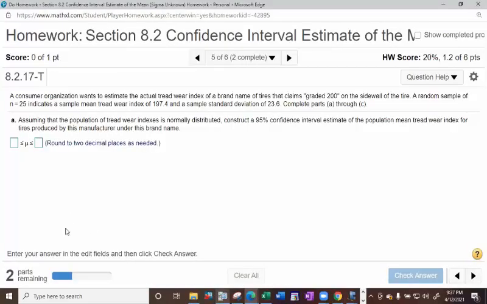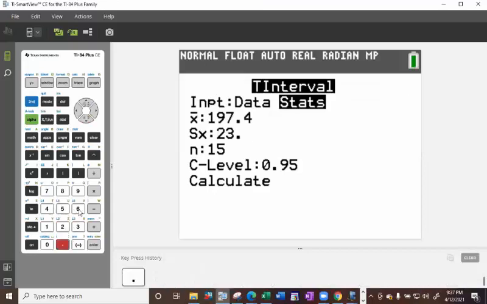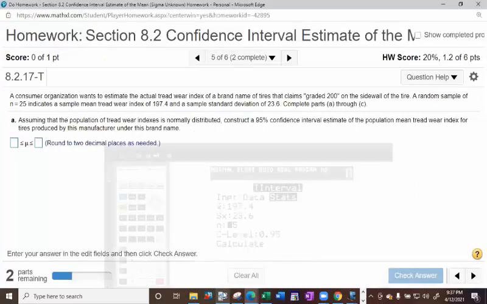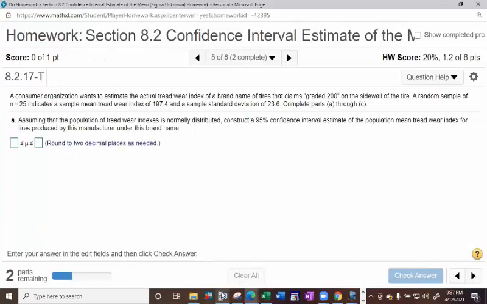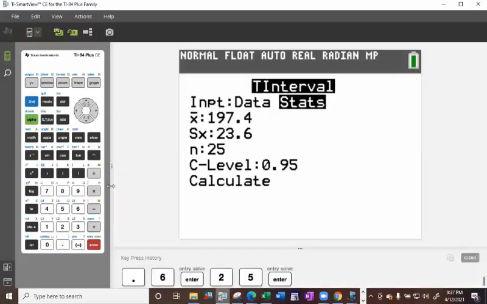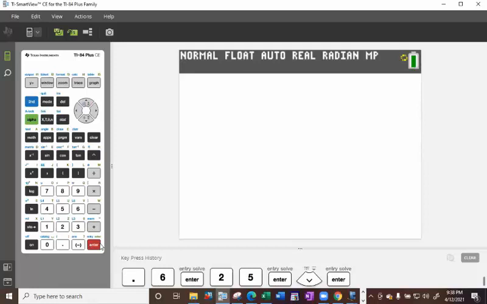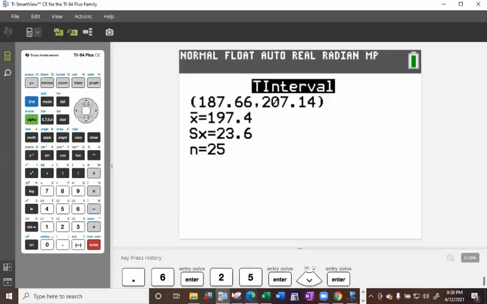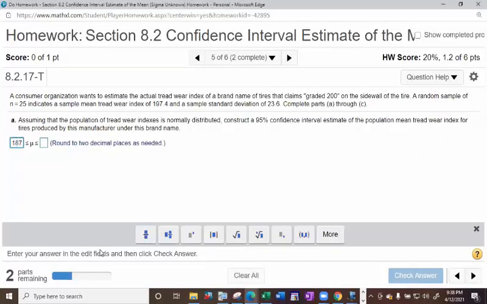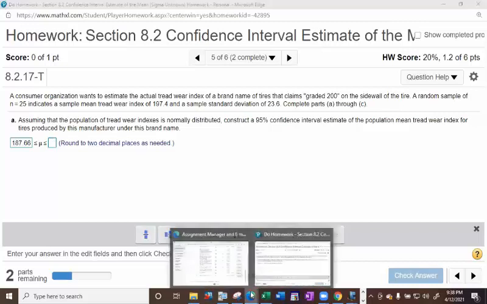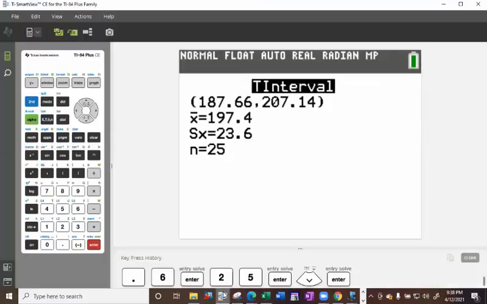Standard deviation, 23.6. 25. And 95%. 187.66. All right, and 207.14.